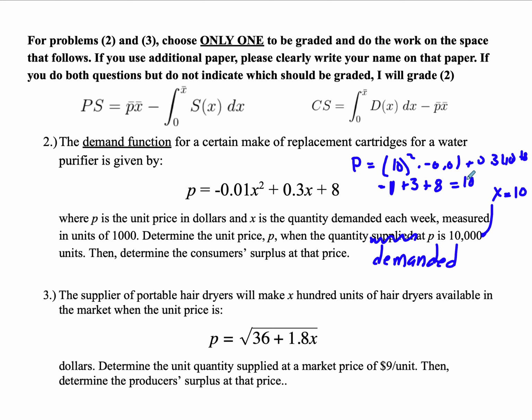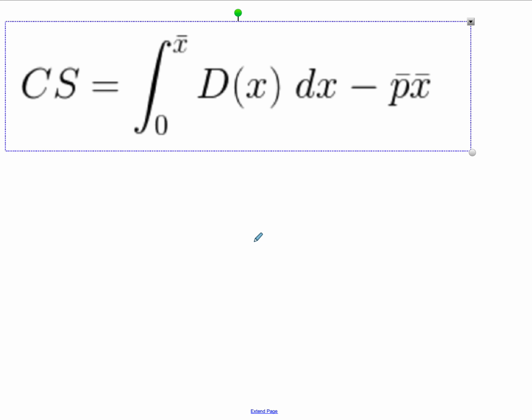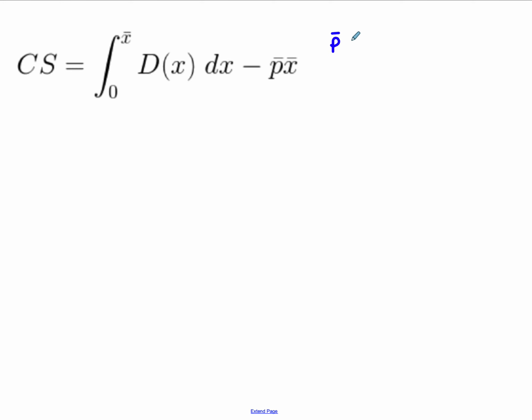Now we need to find the consumer surplus at that price. Okay, so I'm going to screenshot this real quick. I'll come down here and I'll repaste it. So here's my consumer surplus. I was given in the problem that X bar was equal to 10, and now I've solved that P bar is 10.